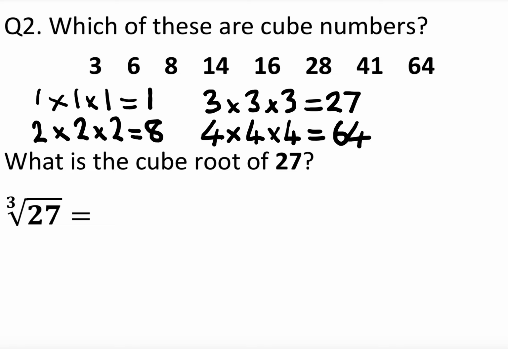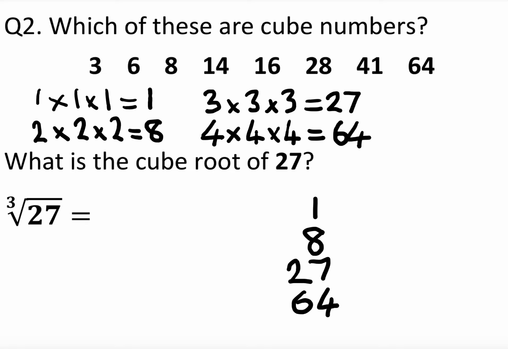We've got cube numbers of 1, 8, 27 and 64. Now, as you can see, our list at the top there goes from 3, the lowest number, to the highest number of 64.